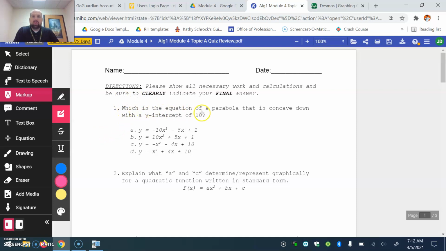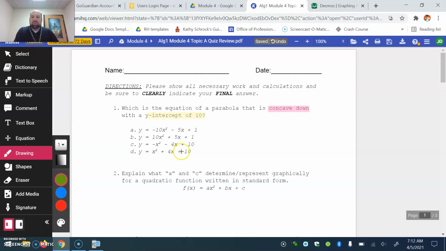Question 1 asks for the equation of a parabola that is concave down, so it opens downward, with a y-intercept of 10. Okay, so I'm actually going to work backwards here.